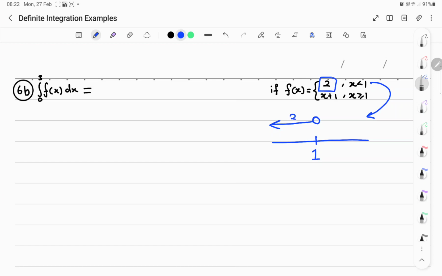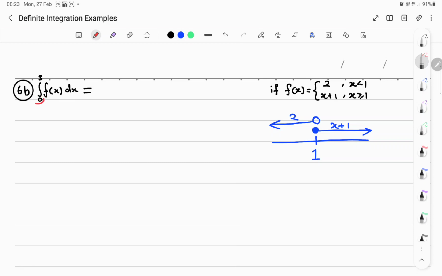The function is 2. Now let's represent this one over here as a solid circle with an arrow to the right. Now what is the function for this one? x plus 1.